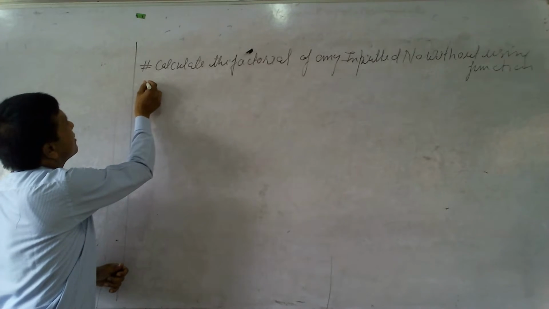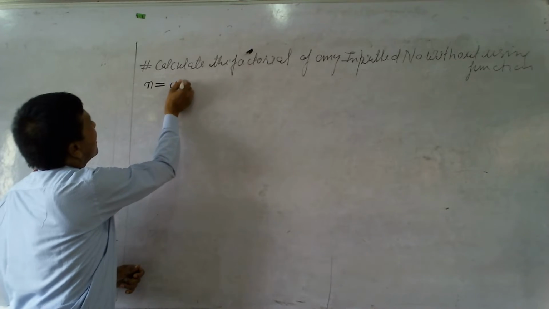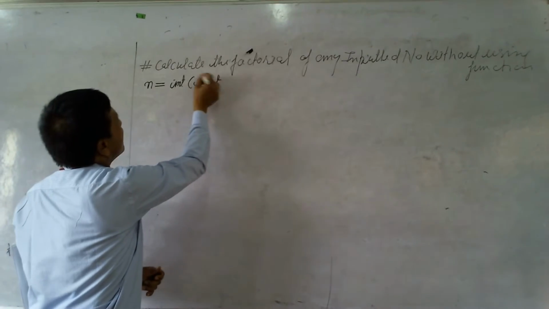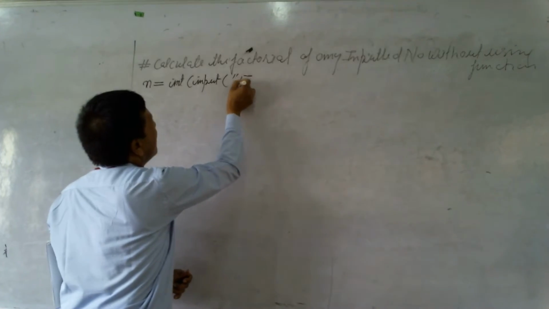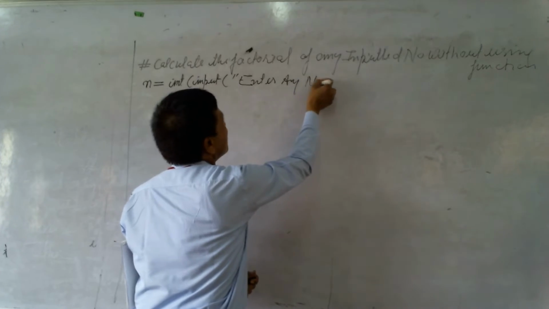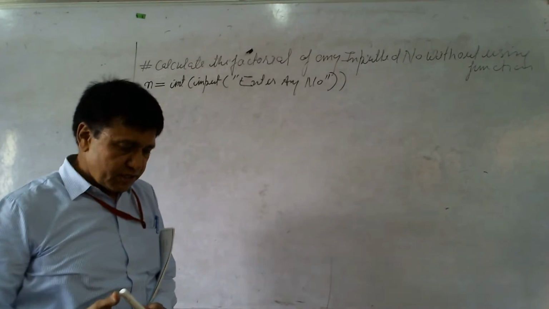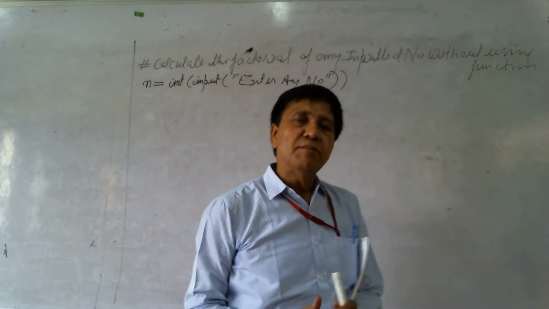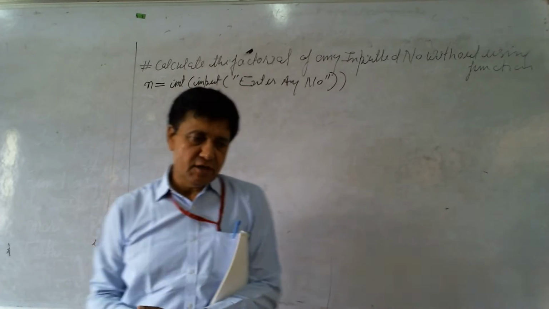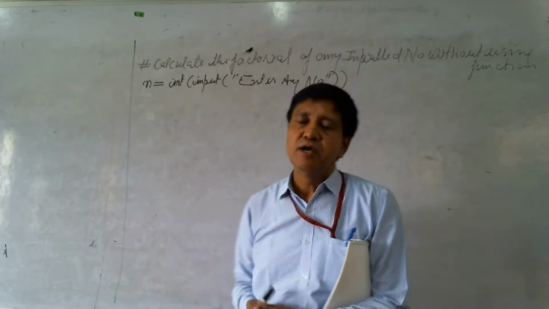For example, this variable I am taking here, int, and this is input, enter any number. See, in the case of Python, we should always remember there is no need to specify the data type, as the data type is a must in the case of C language and Java.